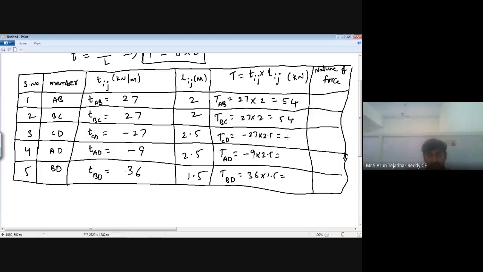This is minus 67.5, minus 22.5, and this is 54. Here the nature of force is, we got positive, so tension, compression, tension.